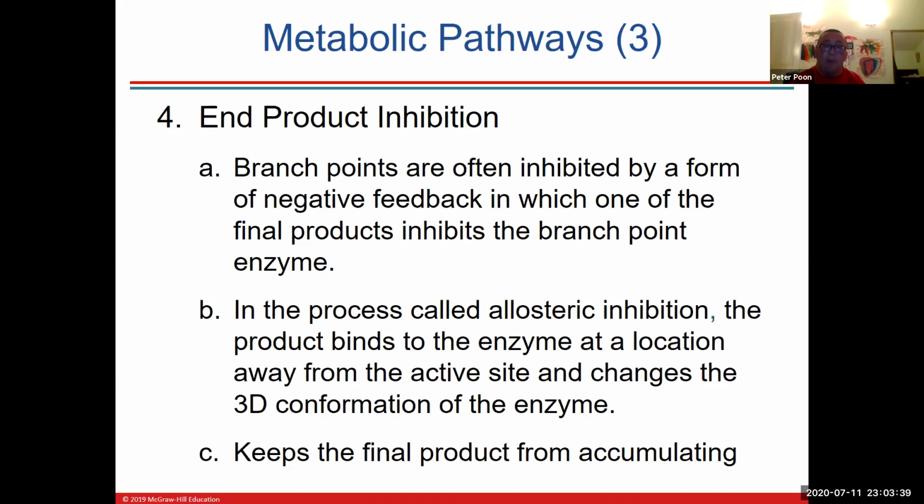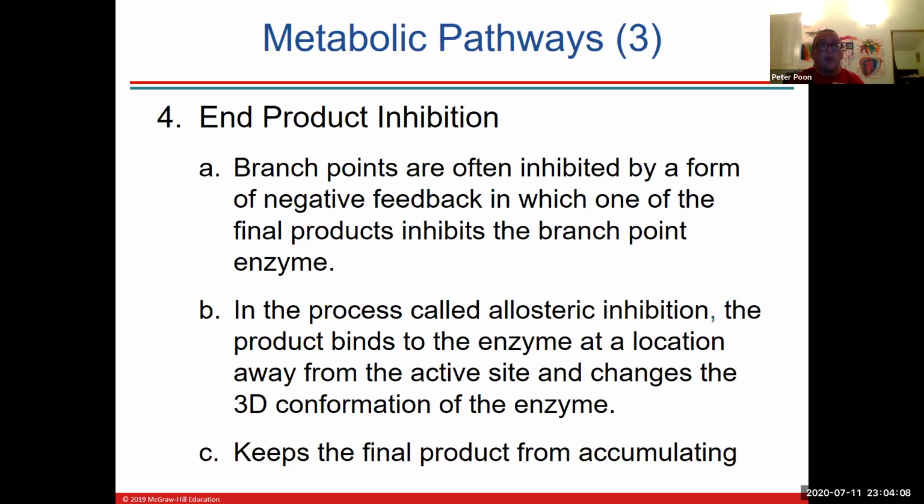One of the things we learned was homeostasis and negative feedback. End product inhibition is the negative feedback mechanism for enzymes. One of the things you probably understand is cellular respiration. We burn sugar and we turn it into ATP.